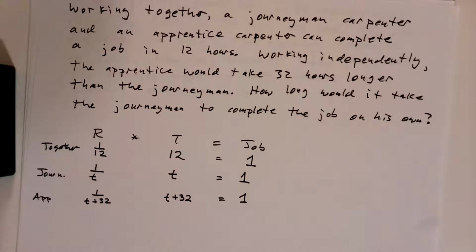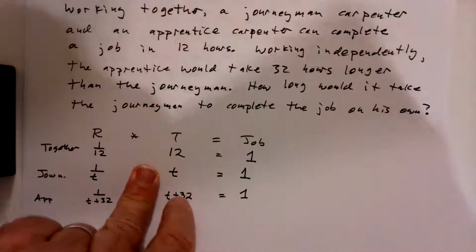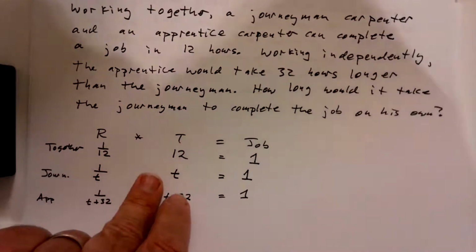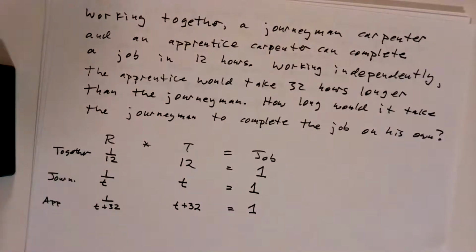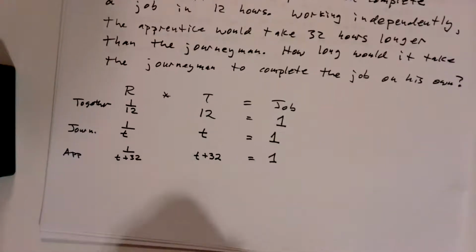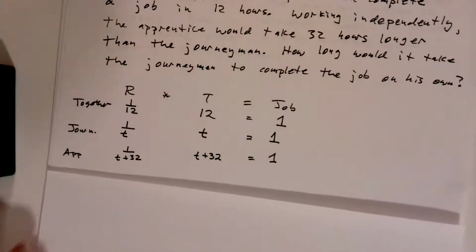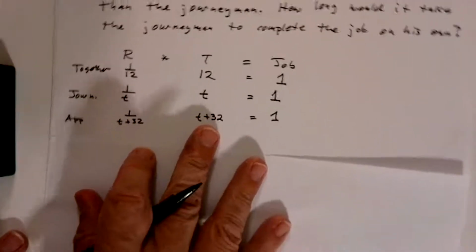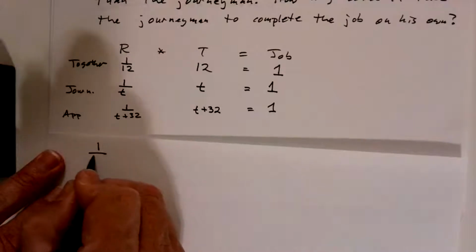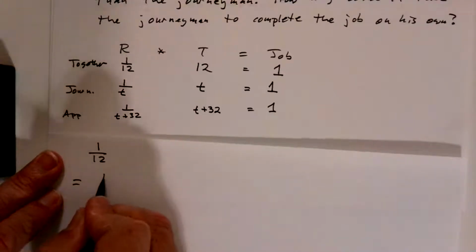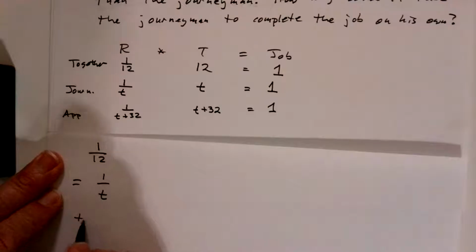So let's go ahead and take a look at how that is going to work. So what are we going to have here? We see our equation. 1/12 is the together time, is going to equal 1/t plus 1/(t plus 32).